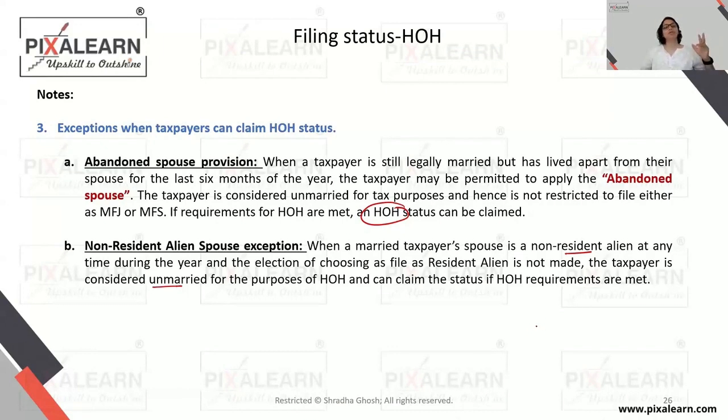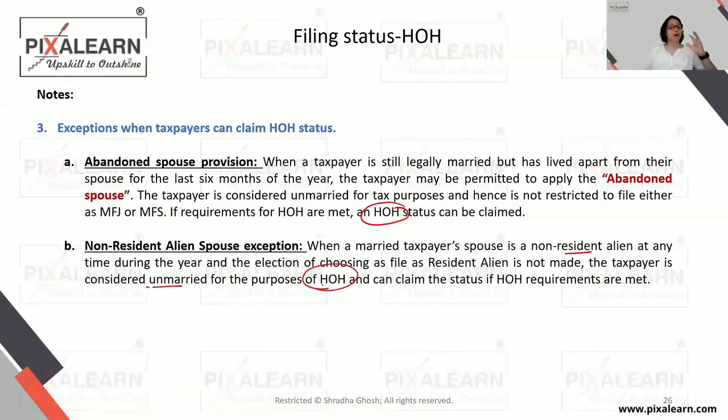Now, if you are still claiming a non-resident status, that means you are not filing a married filing jointly return. Even if you are married but your spouse is a non-resident alien, then you cannot file a married filing jointly status.